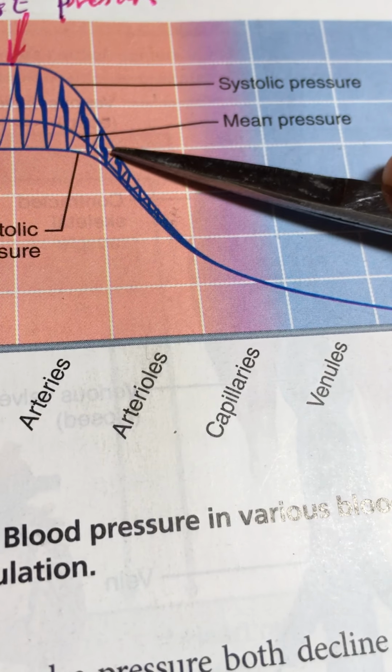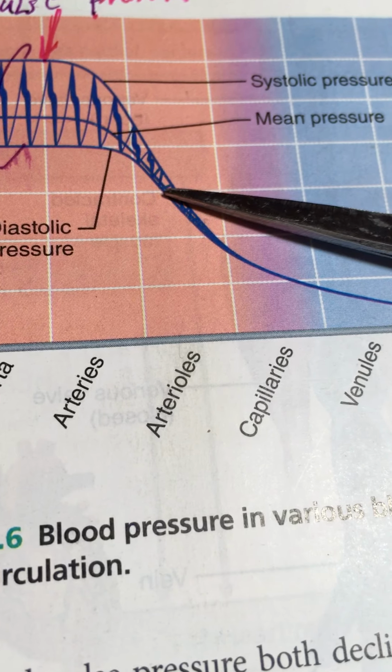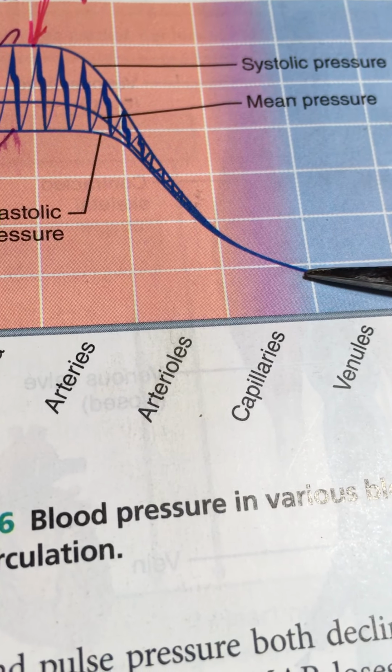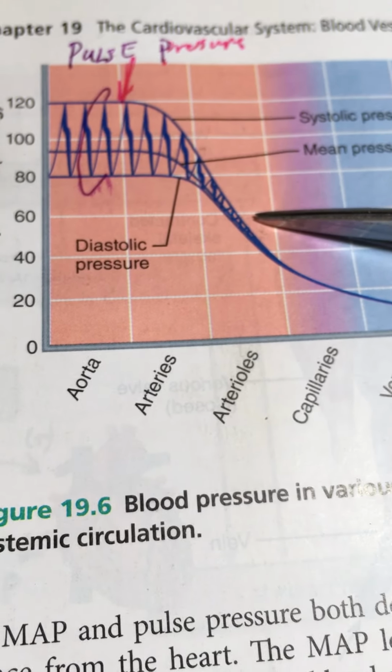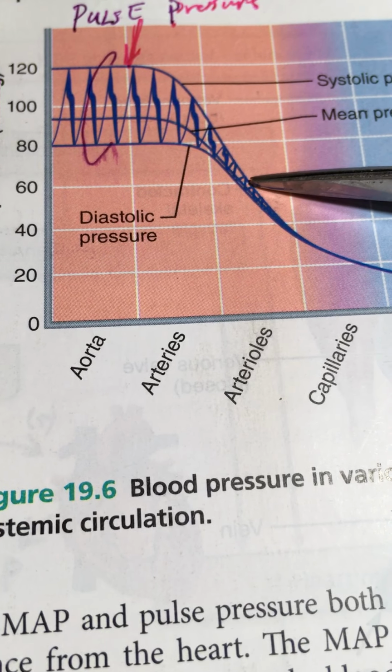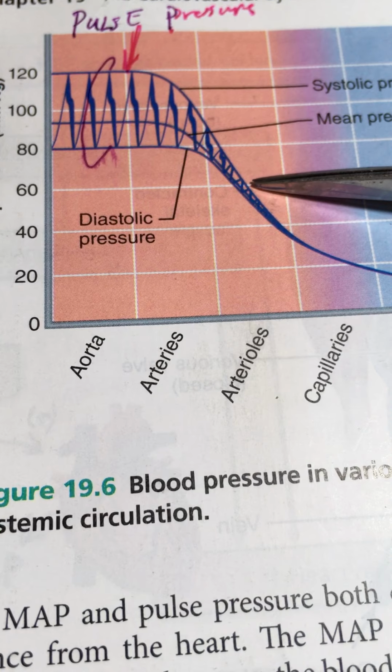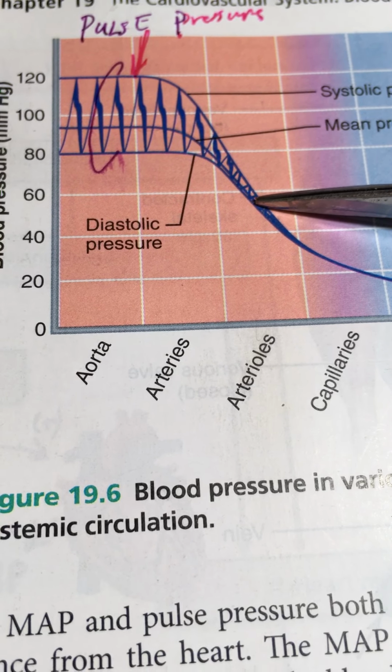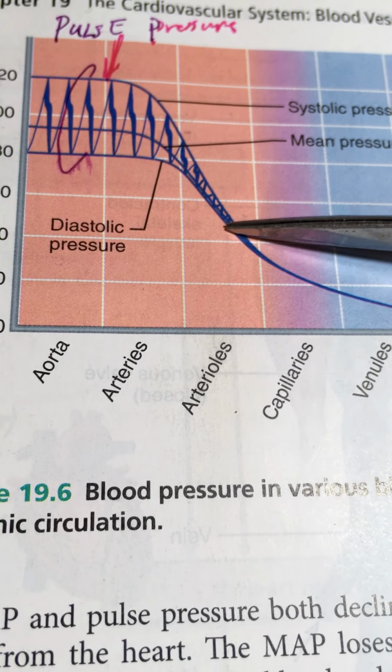So we go from this type of curve, it inflects and it becomes this sort of curve. So basically the loss of pulse pressure here is because of the arterioles. It's lost. The arterioles are providing the peripheral resistance.